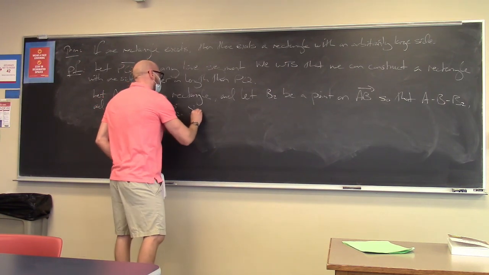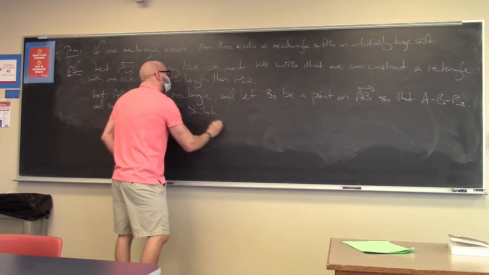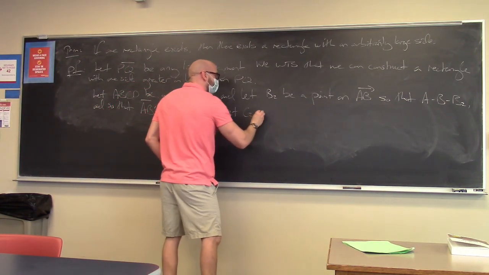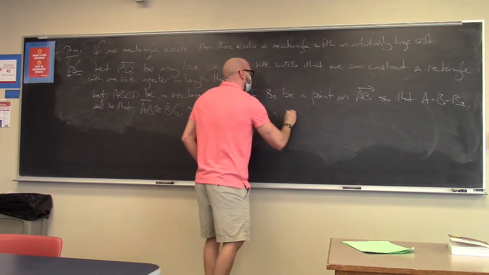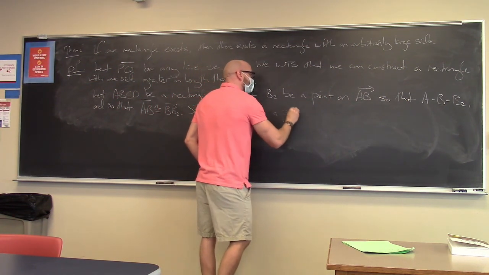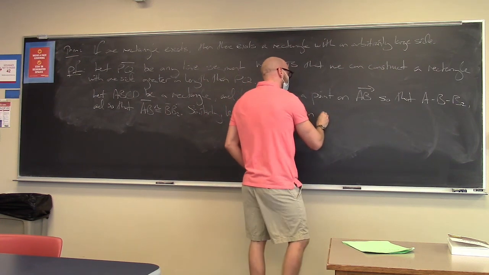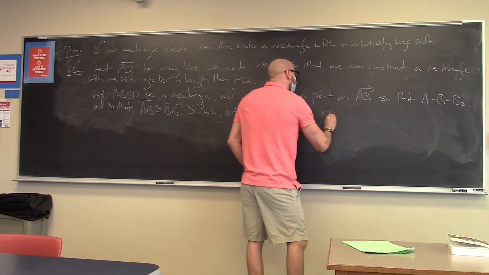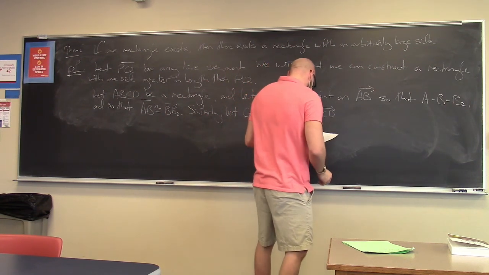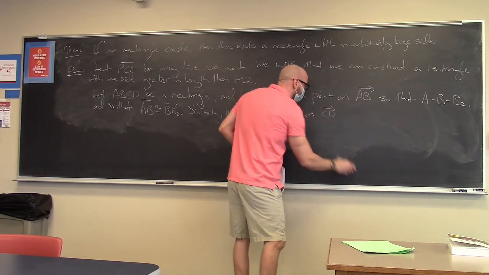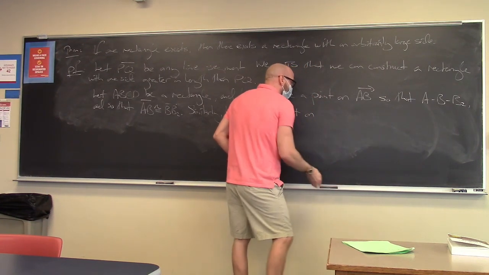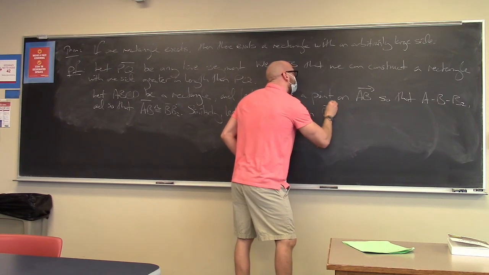Also, similarly, let C2 be a point on, actually it shouldn't be CD, it's not pointing this way, it would be DC. There we go.